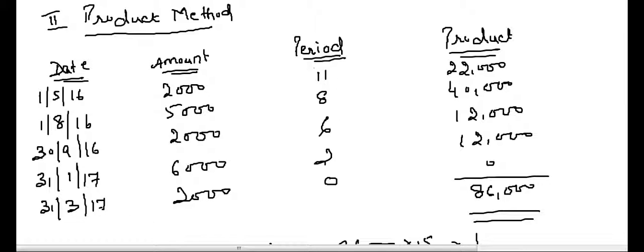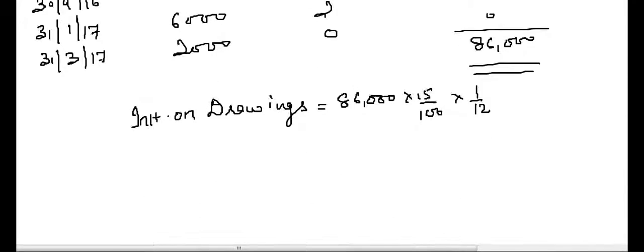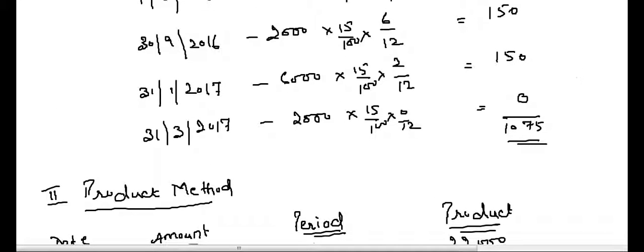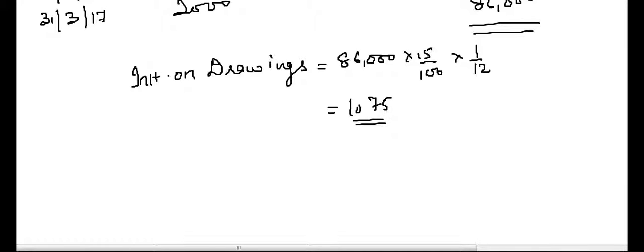We have multiplied with the number of months, so we have got the total drawings, right? And on the total drawings we will calculate interest for 1 month. This comes to 1075. The answer will be the same under the simple method, 1075, and the product method also 1075. Clear?